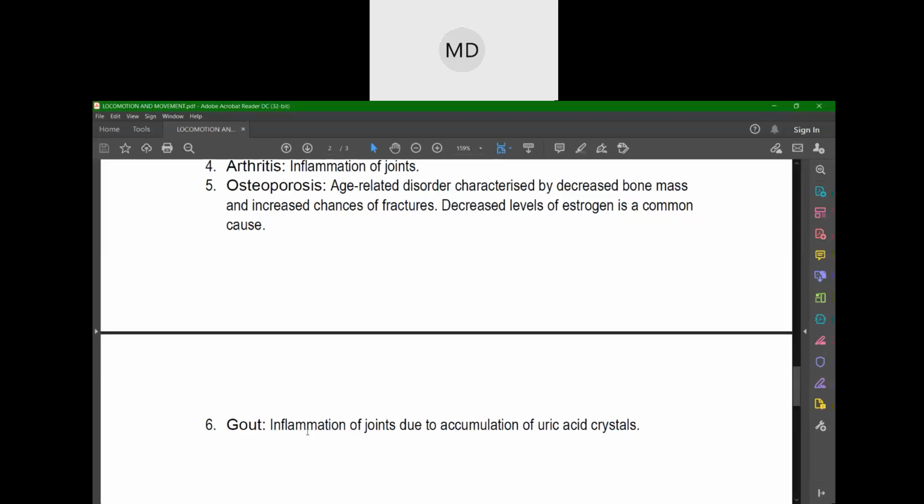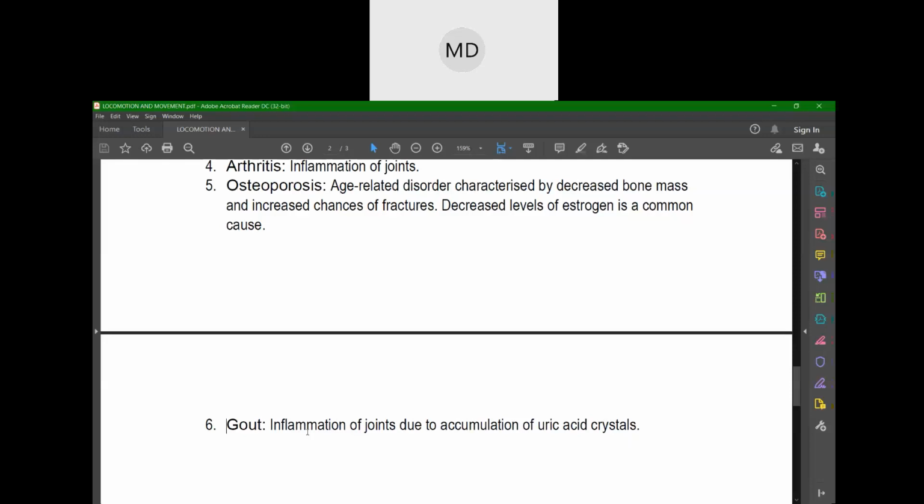So where does this uric acid come from? While discussing excretory products, we discussed uric acid, right? Ammonia, urea, uric acid. Uric acid is present in our body and it needs to be eliminated.